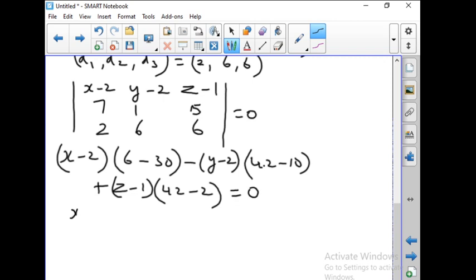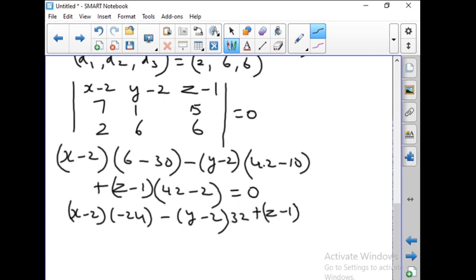So x minus 2 into 6 minus 30 is minus 24, minus y minus 2 into 32, plus z minus 1 into 42 minus 2 is 40, equal to 0.